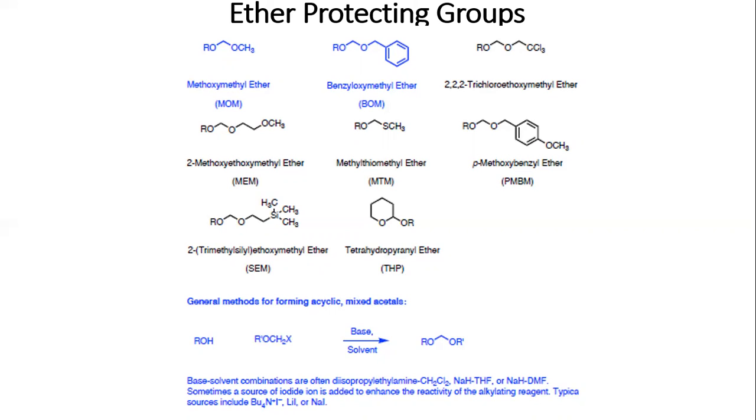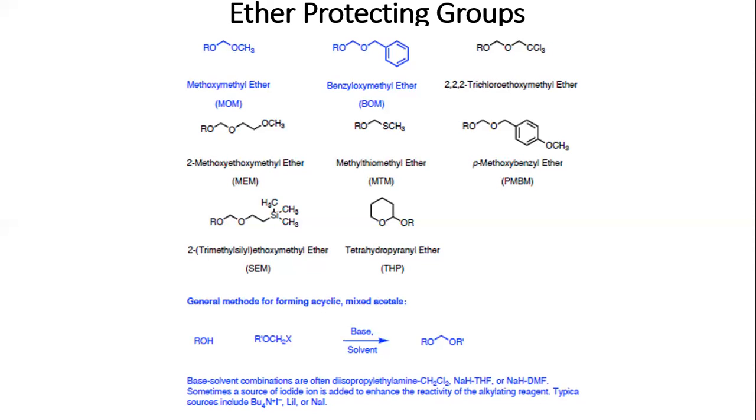So you use that type of substitution pattern on that ether and react it with an alcohol in the presence of a base, right? So it's like a Williamson type ether synthesis. And you can see here the solvent combinations usually use DIEA and methylene chloride, or sodium hydride and THF, or sodium hydride and DMF as your base and your solvent.